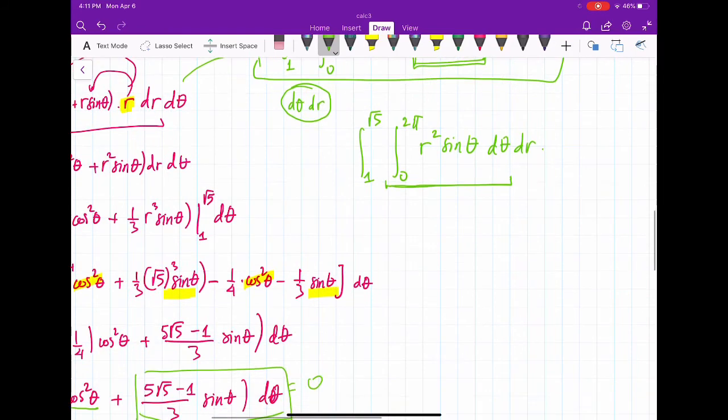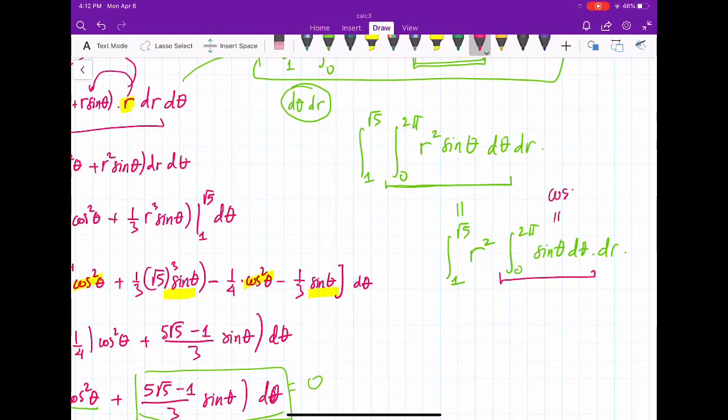So basically, this is from 1 to square root of 5, r squared, and then 0 to 2 pi, sine of theta d theta, dr. Look at this. The integral inside is just a constant. Make sense? Because that is already a definite integral with respect to theta.